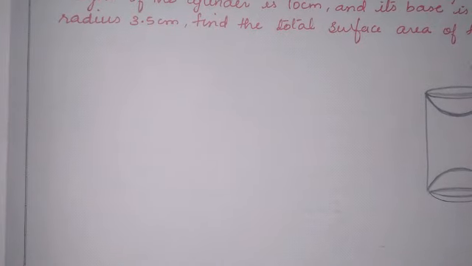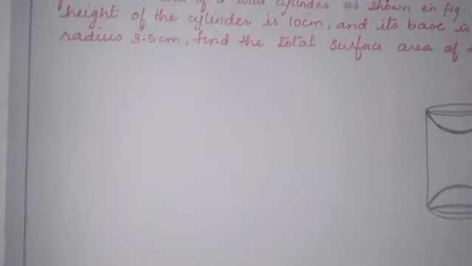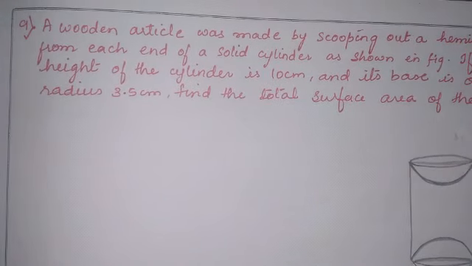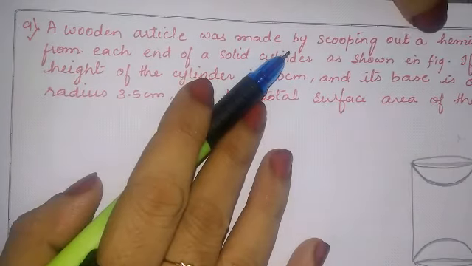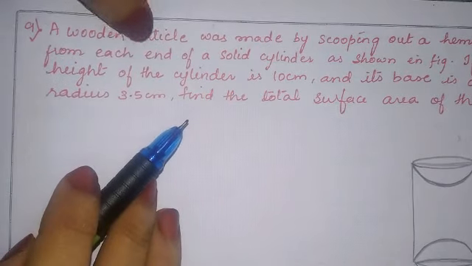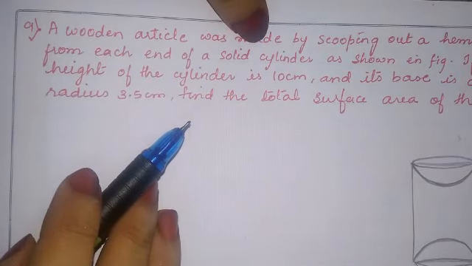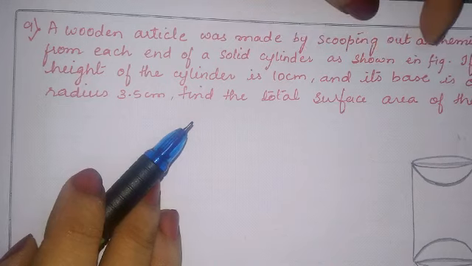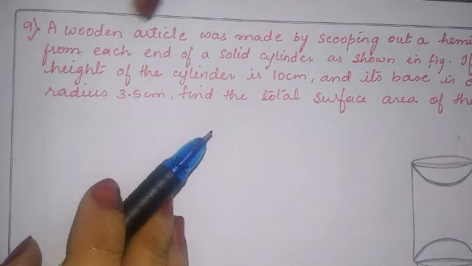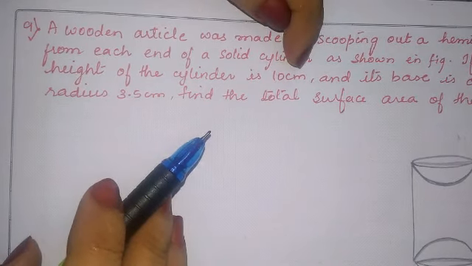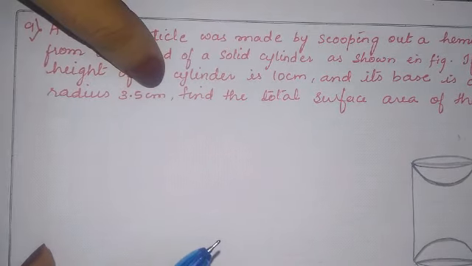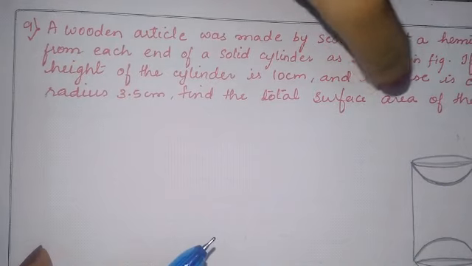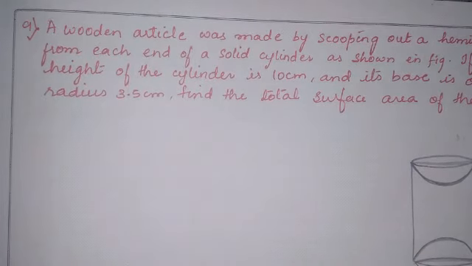Okay, last problem of this exercise. Let us read out the question. A wooden article was made by scooping out a hemisphere from each end of a solid cylinder as shown in the figure. If the height of the cylinder is 10 centimeter and its base is of radius 3.5 centimeter, find the total surface area of the article.